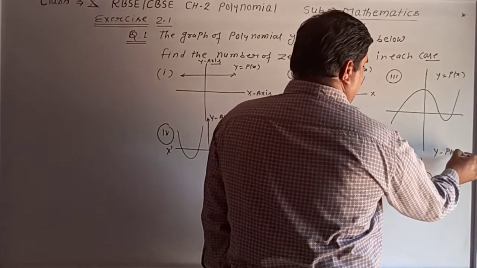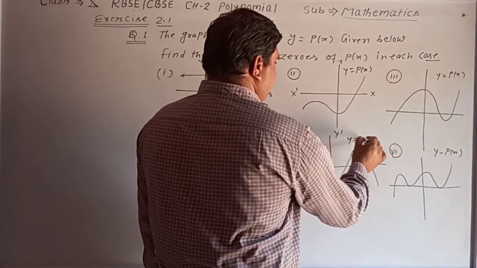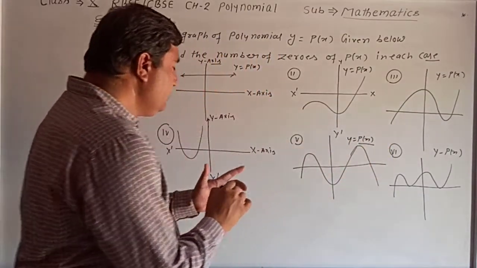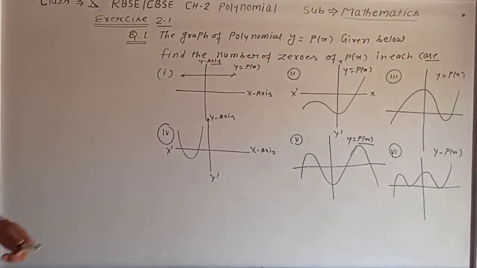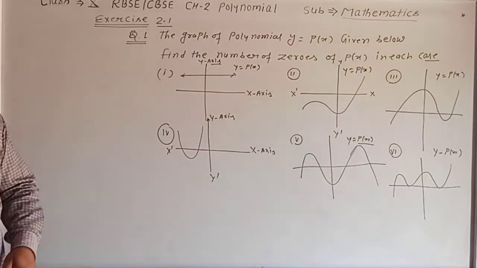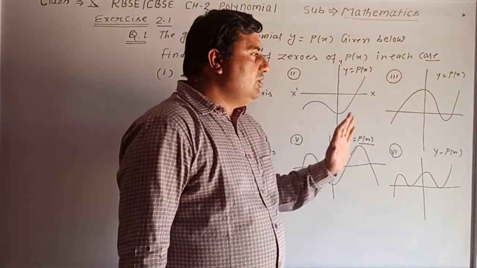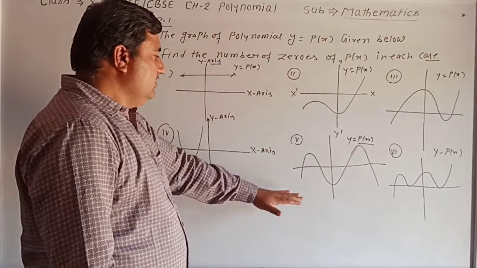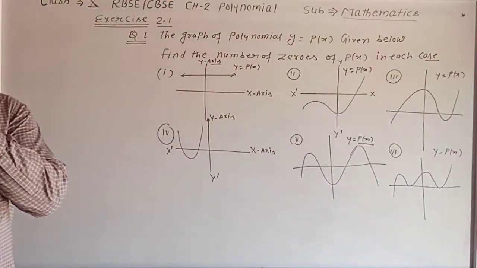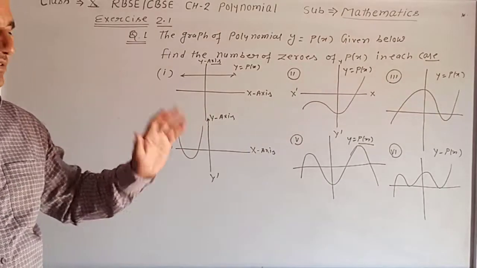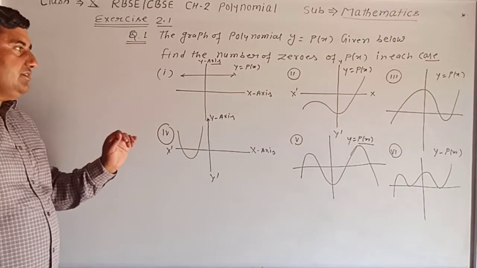Your exercise 2.1, given question first. Find the number of zeros of these given graphs of polynomial px in each case. Discuss.